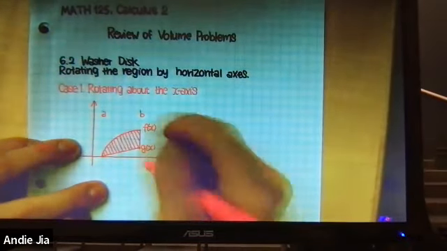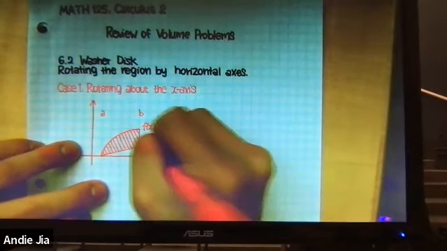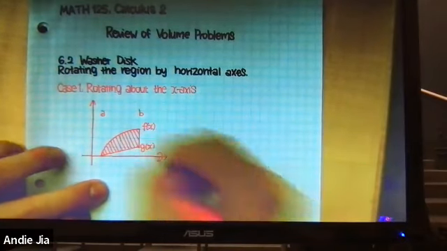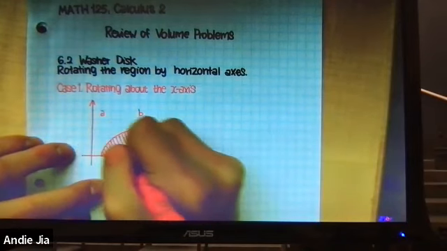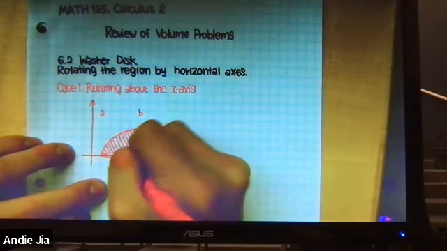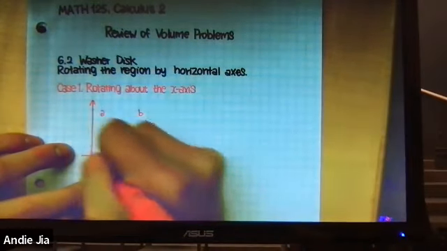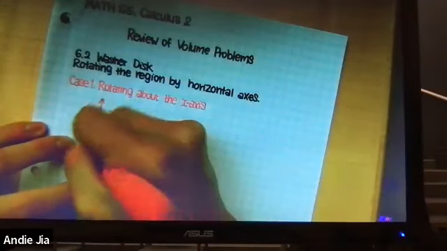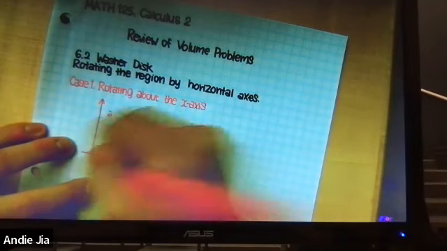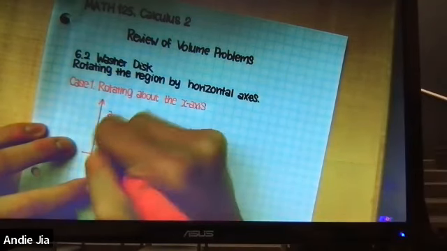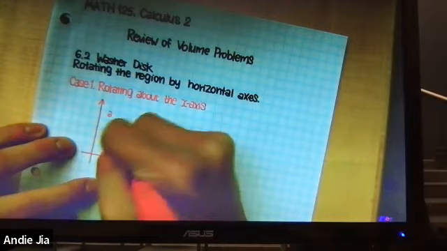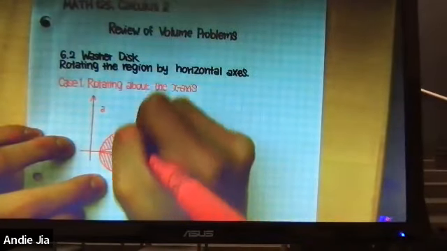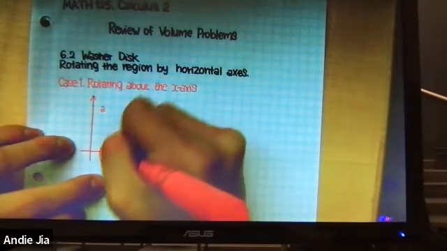If you rotate them about the x-axis, it's like a washer. What you get is this kind of solid.